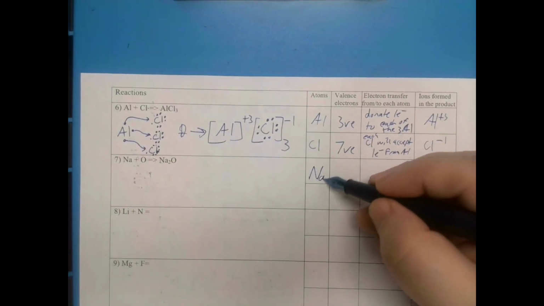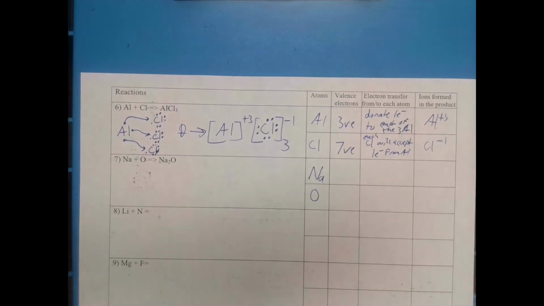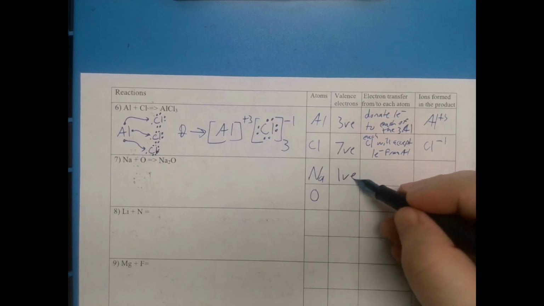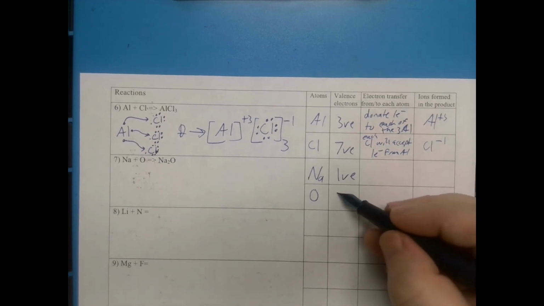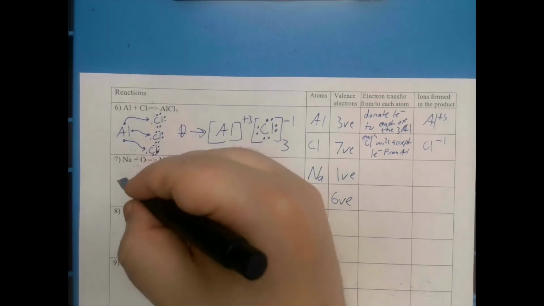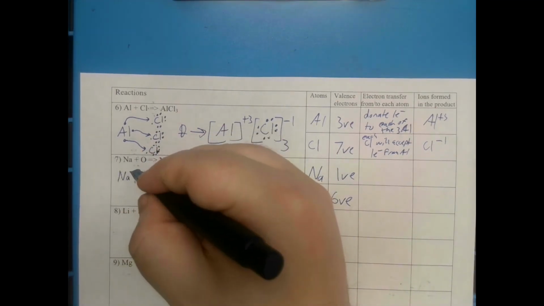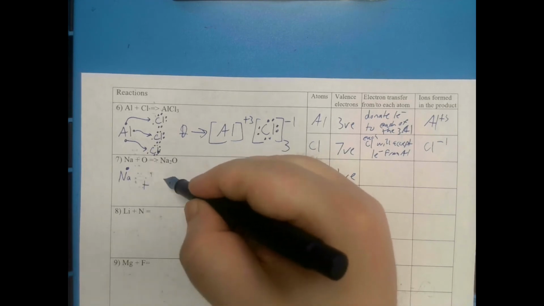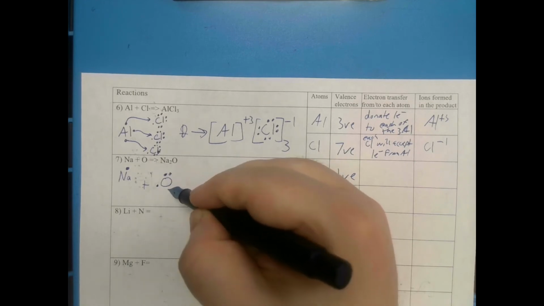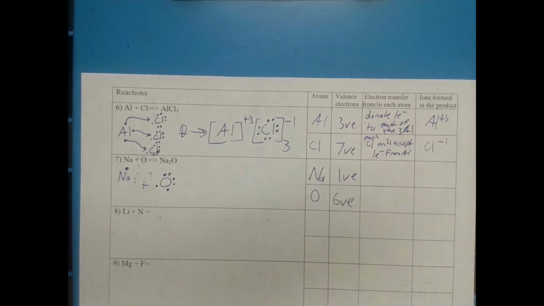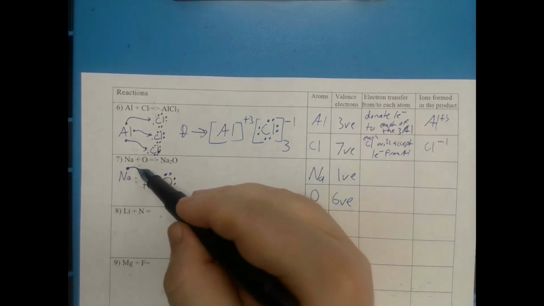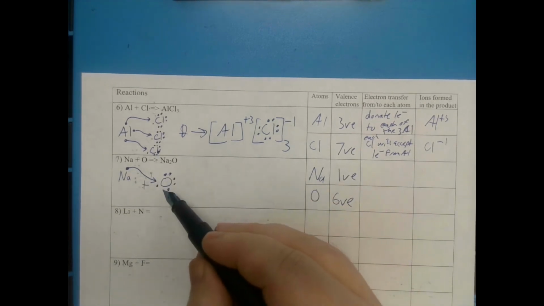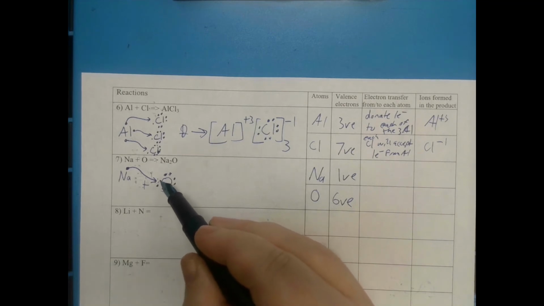So sodium versus oxygen. Sodium has how many valence? 1 valence. Oxygen has how many? 6. So this has 1, whereas oxygen has 6. So when it gives this up to this spot, oxygen is still missing 1 right here.